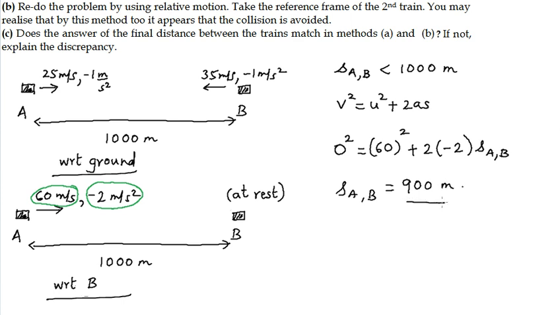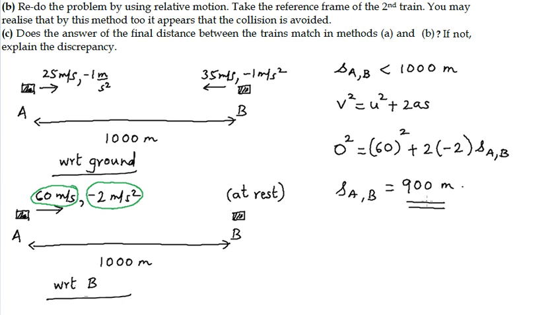Now if you look at this answer, it is clearly smaller than 1000 meters. It does appear that if we analyze the situation in B's frame rather than from the ground frame, the collision still seems to be avoided.